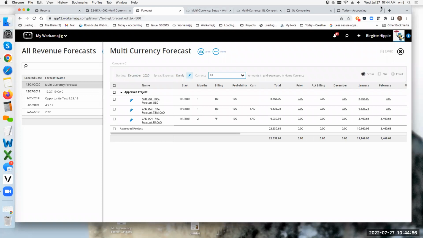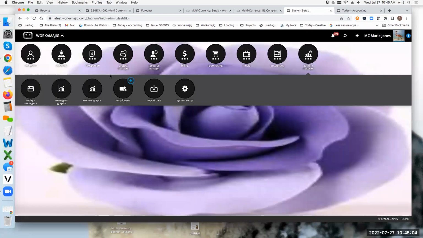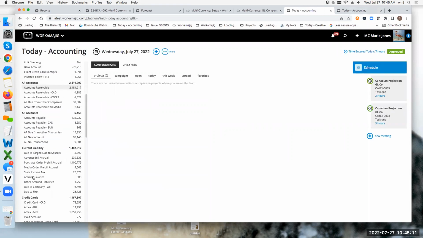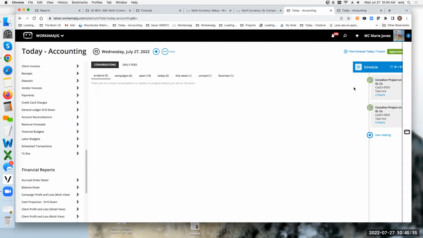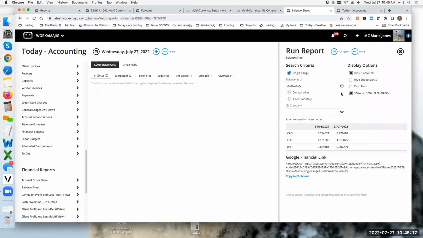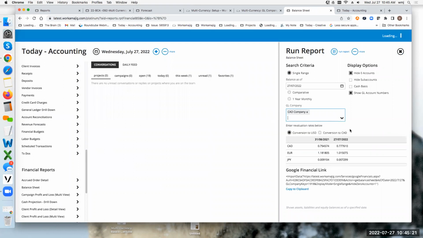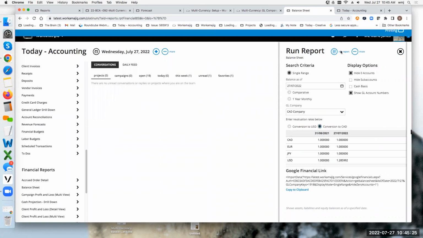Okay, so in fact, if I come over to accounting, general ledger, and I come down to the balance sheet, and I want to run it for my Canadian company, and I do a conversion to USD when I run this.